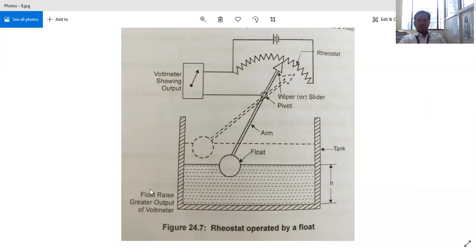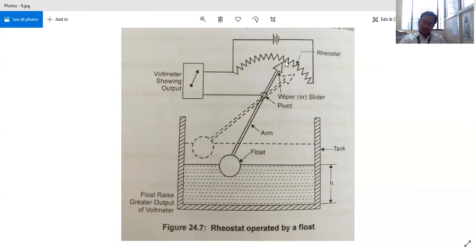Now, coming to its operation, we will be setting up this equipment in the tank. So this is a liquid now. Initially the liquid level is here. You have a float like this.